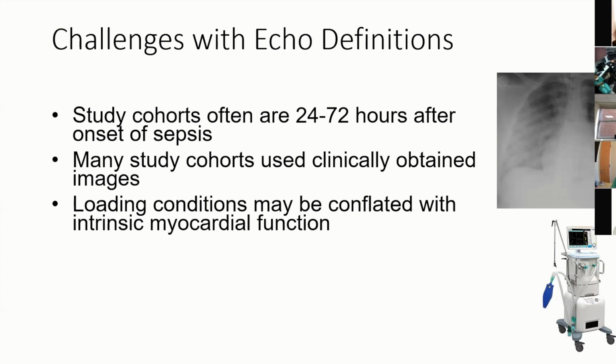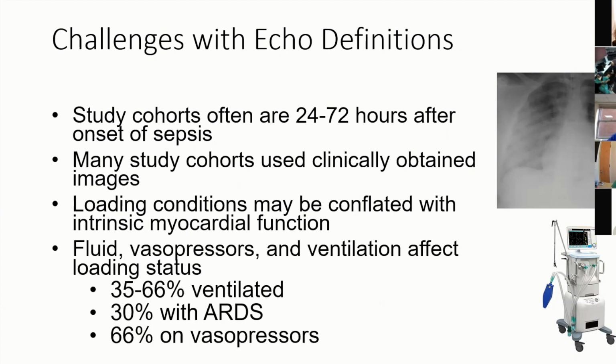And that doesn't necessarily mean that the RV is poisoned or not functioning well. It may be responding normally to just excess work. One of the challenges here is that those things that affect loading conditions are very common. Fluid, vasopressors, and ventilation are extremely common in sepsis, as we all know, right? So it's a good expectation that maybe half to two-thirds of your patients will have some sort of factor that will affect loading conditions.